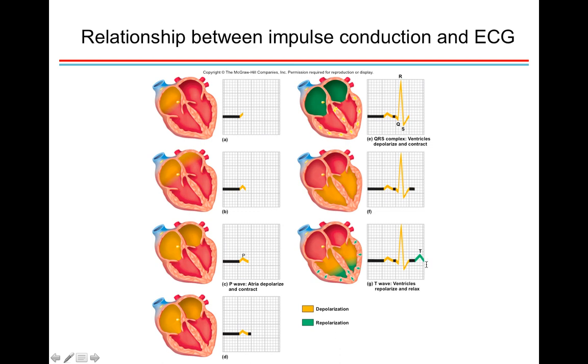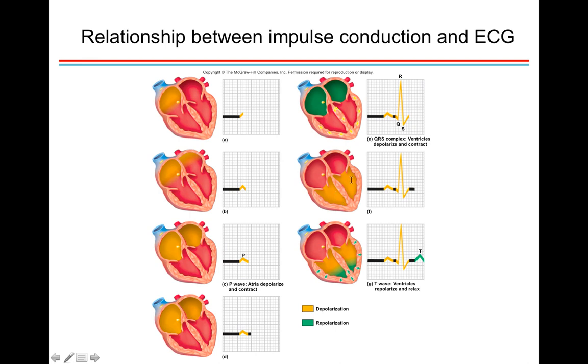And I want to show you what's cool here. We can actually see these events in color in the animation with the parts of the heart. So depolarization of the atria, P. Yellow is depolarization, right? That's being depolarized. Then the QRS wave, which is the depolarization of the ventricle, we see here.